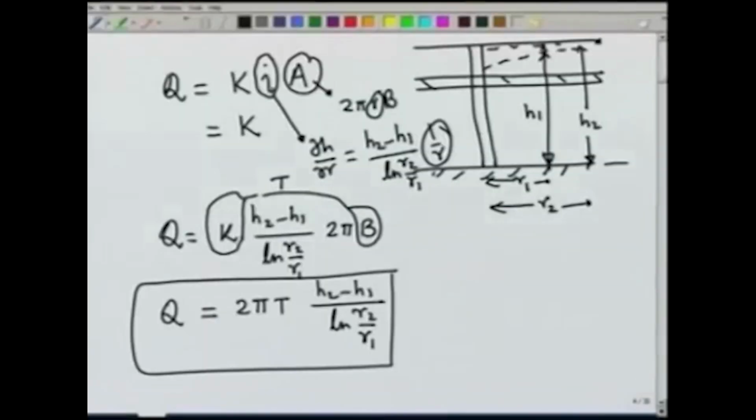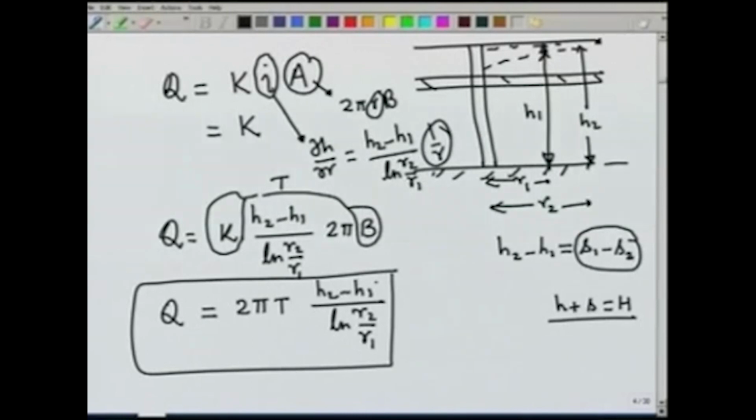We may not even know how deep it is, but if we measure S, which is the drawdown, we can see that H2 minus H1 would be equal to S1 minus S2, because H plus S is constant, which is equal to H. So, H2 plus S2 and S1 plus H1 will be same, and therefore, H2 minus H1 will be equal to S1 minus S2, and therefore, typically we replace this term by S1 minus S2.